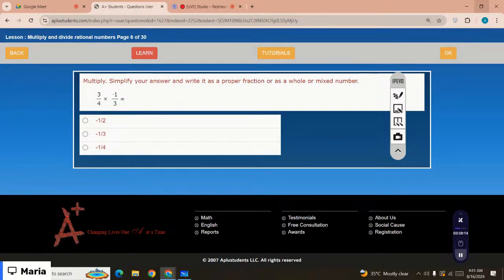Three by 4 times negative 1 by 4. So which is the correct option? That is negative 1 over 4.